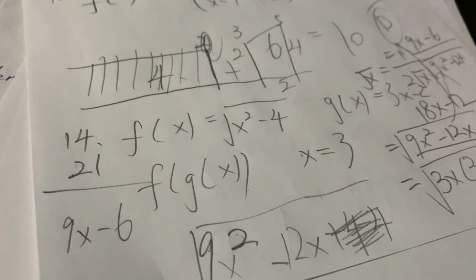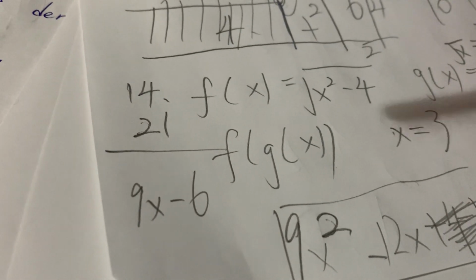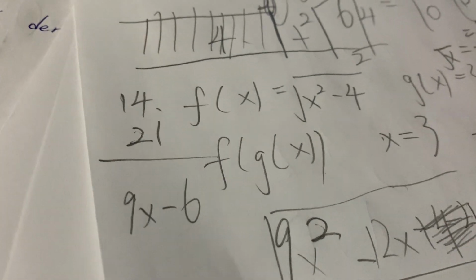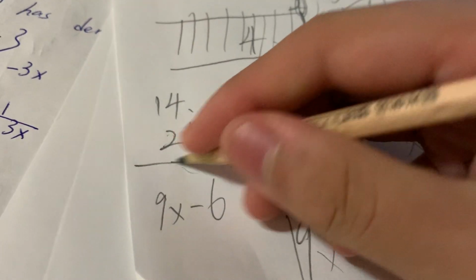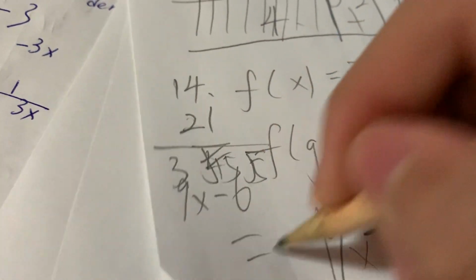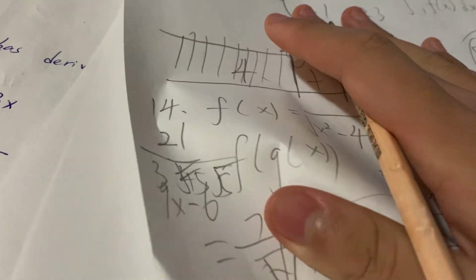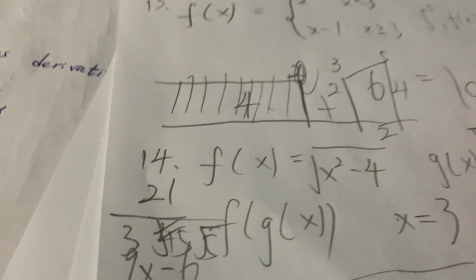The above part is 21 and the below part is root of 9x squared minus 12x, which we calculated is 81 minus, which is root 45. We simplify this to 3 root 5, which is equal to 7 divided by root 5. So 7 divided by root 5, which is A, is going to be the final answer for problem 14.